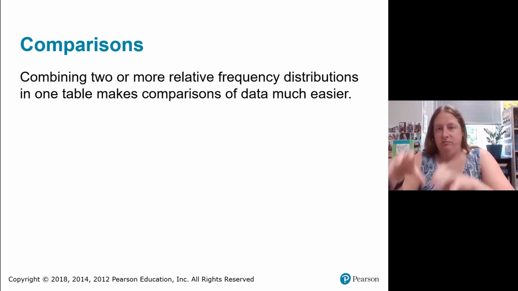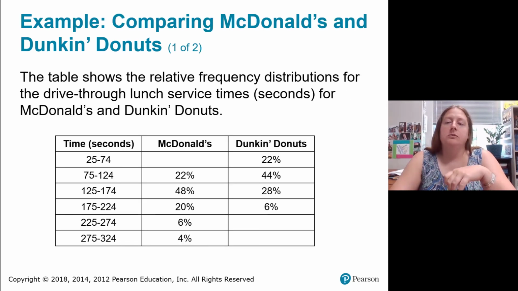The percentage already normalized for that. So let's say we wanted to compare how long it takes us to get our lunch at McDonald's or Dunkin' Donuts. For McDonald's, we see the relative frequency distribution there, and for Dunkin' Donuts, we see their relative frequency distribution.